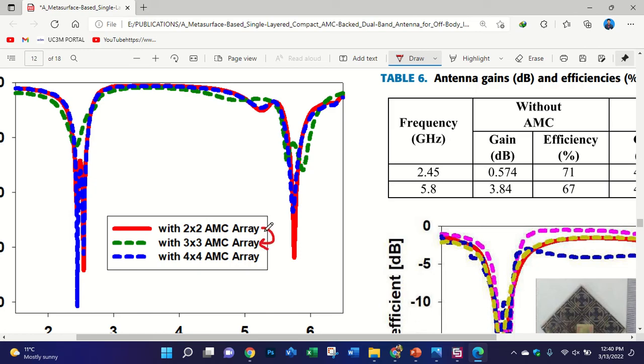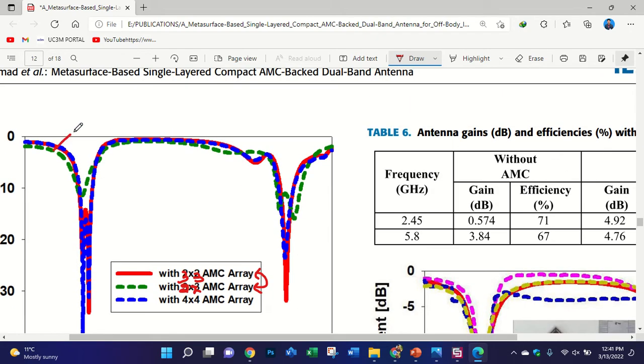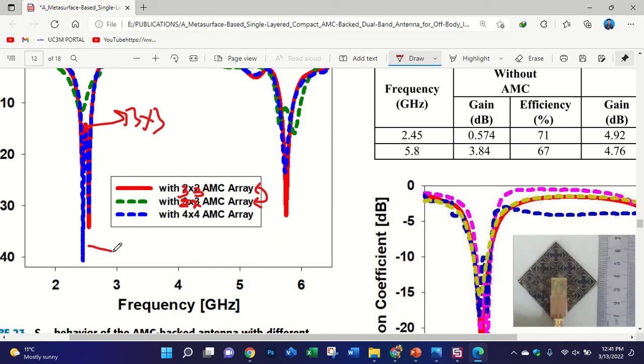Actually these are the results. This is 3 by 3, and this is 2 by 2. The green one is the 2 by 2, the red one is the 3 by 3, and the blue one is the 4 by 4.